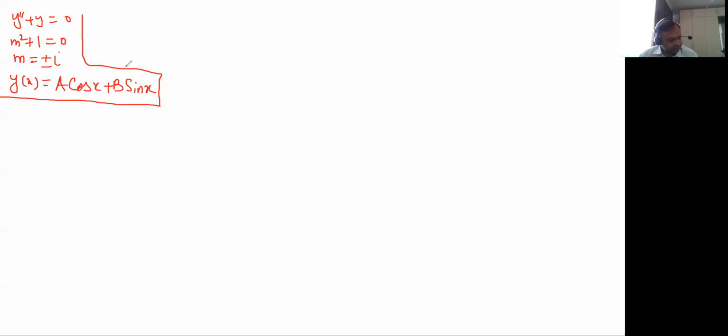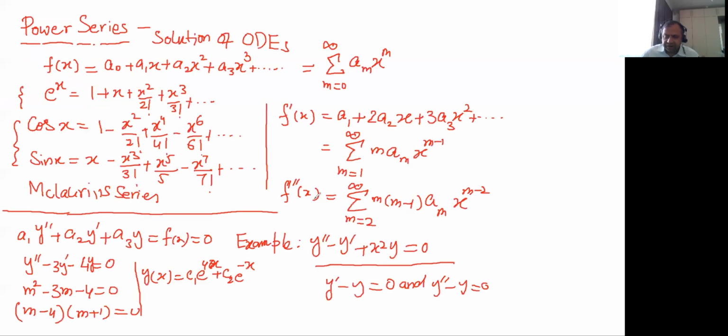For the solution of this equation, we have to represent y double prime and y with their sigma notations. In the previous slide, you can see the sigma notation for the second derivative.